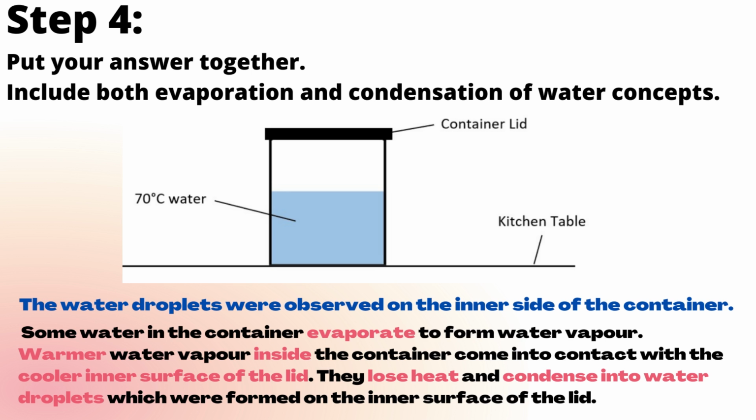First, water inside the container evaporates, so it becomes water vapor. The water vapor will rise up and come into contact with the cooler inner surface of the lid. And then it will lose heat and condense into water droplets. So the water droplets will then be observed on the inner surface of the lid.